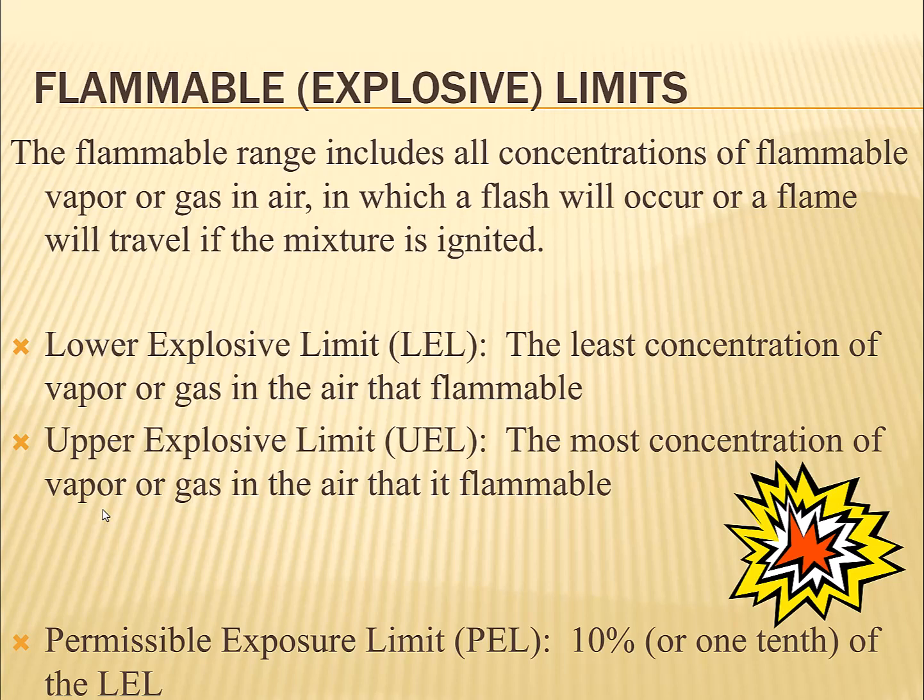Let's say that the particular gas that we're dealing with has a lower explosive limit of 4% concentration. Well, that means we have to do 1/10 of that. That means we move the decimal place over 1 decimal place to the left, and we're looking at 0.4%. So from 4%, the permissible exposure limit is 0.4%. So all you're doing is moving the decimal place over 1 place to the left.